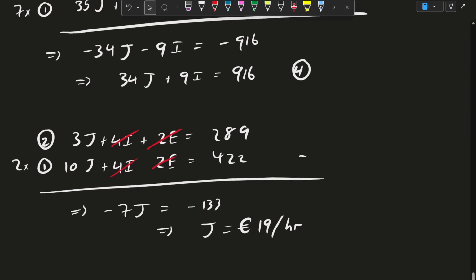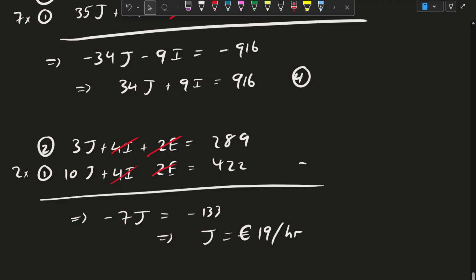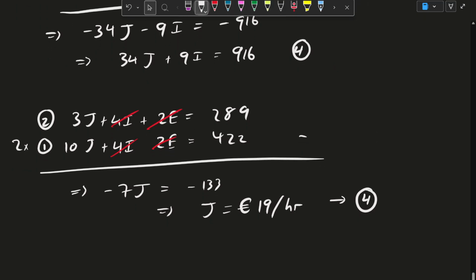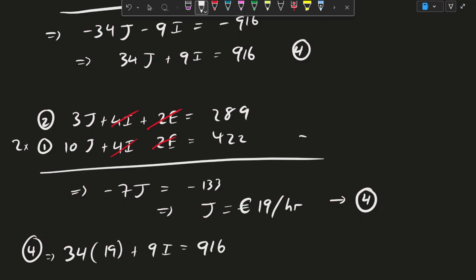Okay, now what we have to do is find I and E. So I'm going to put that information, J being equal to 19, into equation 4. So what equation 4 is now going to read is 34 times 19 plus 9I is equal to 916.